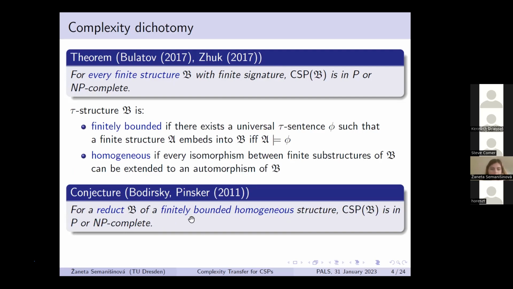To make clear what I mean by finitely bounded homogeneous: a reduct is where we just drop some things from the signature. And finitely bounded means that there exists a universal sentence that describes all finite structures that embed in my structure.